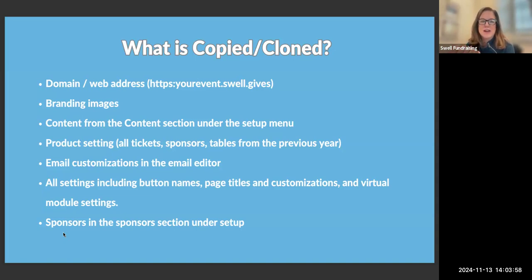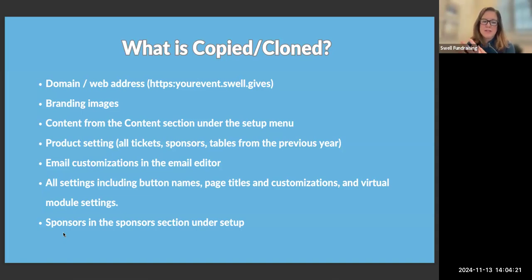Again, the email customizations and the email editor all come forward as well. This is really helpful if you spent time updating donation receipts and tickets and things like that. There are a few pitfalls here that I'll mention in a minute, but that's a really helpful tool. All of your custom settings come forward.